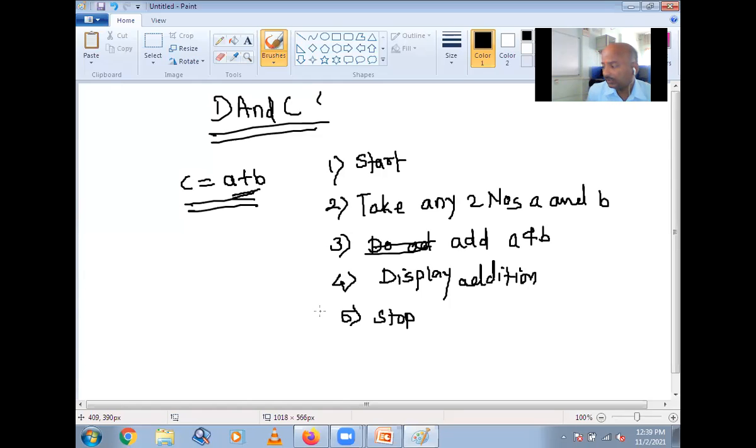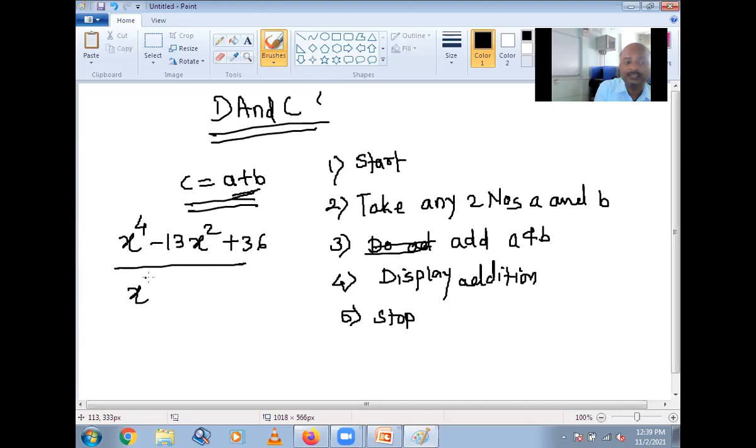Divide and conquer is a technique in which the problem is decomposed into a number of smaller parts, and then the smaller instances are solved independently. In the previous example, you have seen x raised to 4 minus 13 x square plus 36.